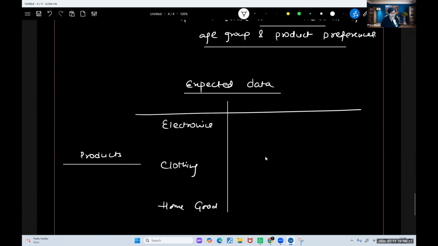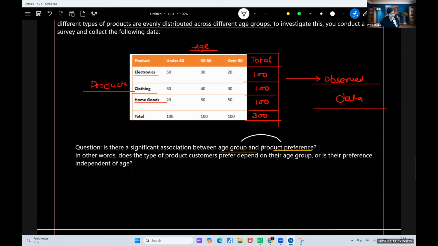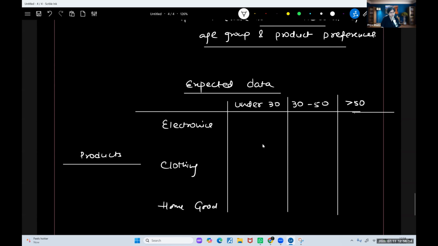And we will be having the age under 30, 30 to 50, and more than 50. Tell me, what will be the result?